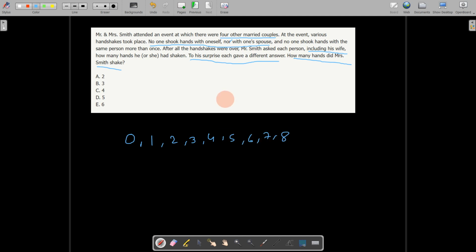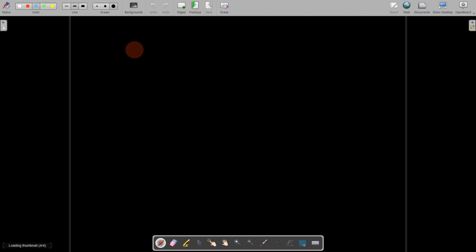So in the next page, I will model the graph. This dot represents Mr. Smith, and apart from Mr. Smith, we have 9 distinct handshake counts.